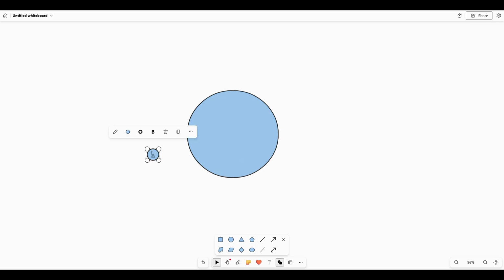Well, how would you know if this star would pass in front of it and make a difference in magnitude? Well, let me show you.